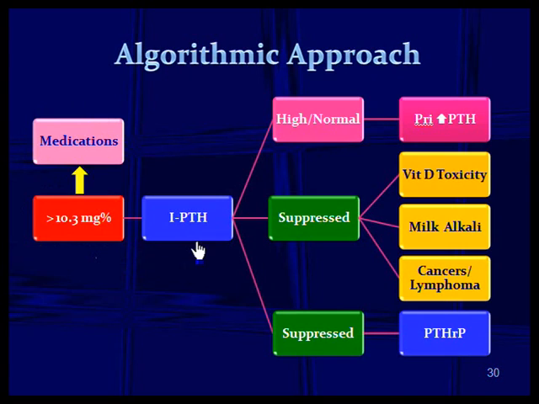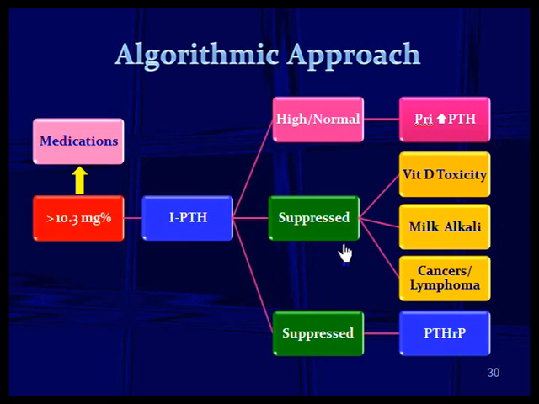If the IPTH value is high or normal, then we are dealing with a case of primary hyperparathyroidism, which is one of the commonest causes. We have already seen primary hyperparathyroidism and malignancy are the two important causes of hypercalcemia. So, if the IPTH value is high or normal, we are probably dealing with primary hyperparathyroidism, and we need to do a nuclear scan of the parathyroid to confirm the diagnosis and plan the treatment.